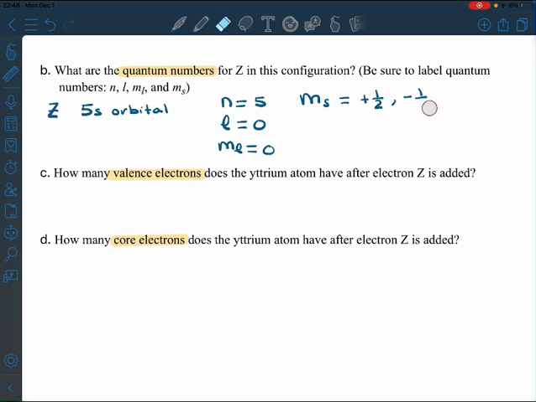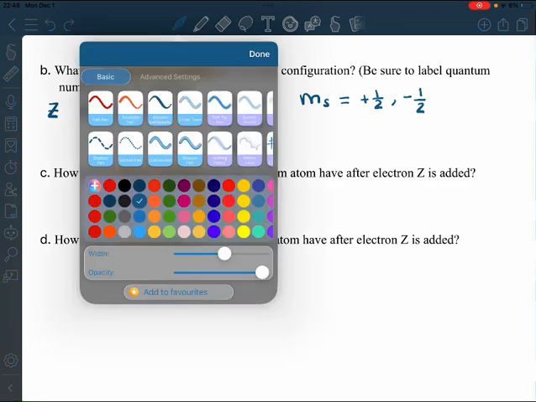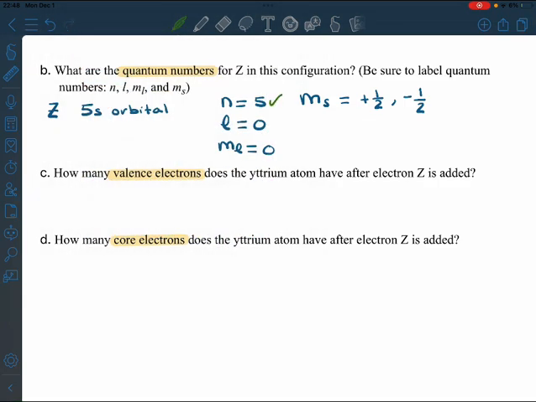So we don't really know, but it could be either one of those values. Okay, so we've got the principal quantum number, check. That would be, I think it's the azimuthal quantum number, if I remember. And we got the magnetic quantum number, m sub l, and then ms, which is the spin. So we have two choices: positive 1/2 and negative 1/2, either or.